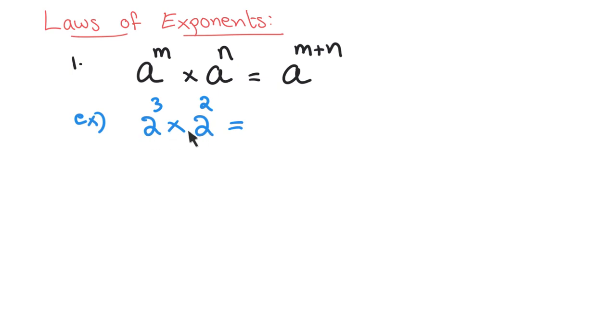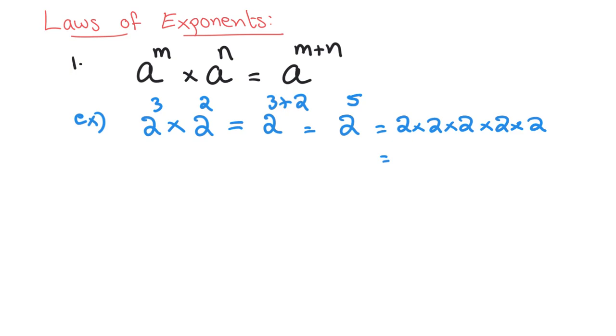When the bases are same and they are multiplied, what do you do with the exponents? You add them. So this is 2 to the power 3 plus 2, which is 2 to the power 5. What does it mean? It means 2 times 2 times 2 times 2 times 2. And how much is that? It's 32. Understand how you apply the law?